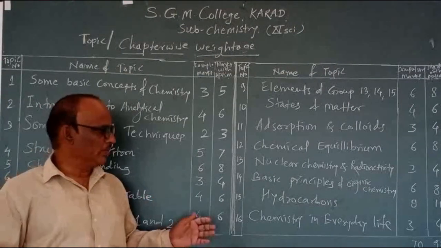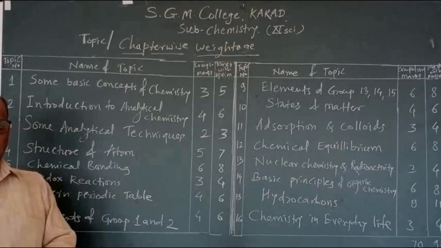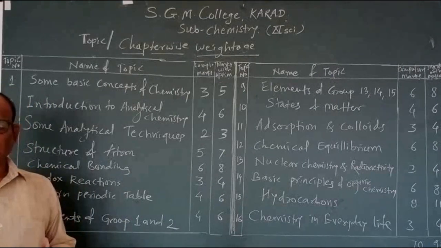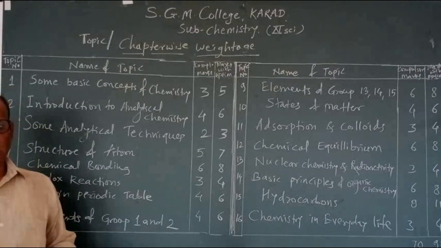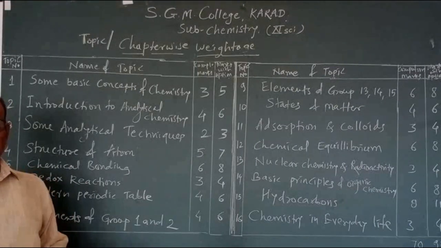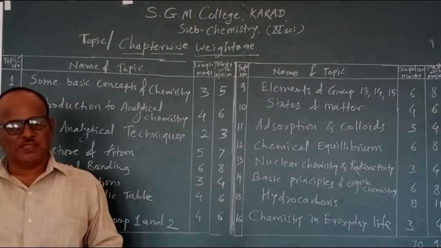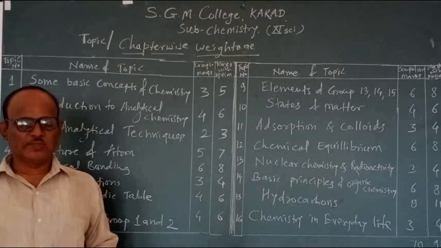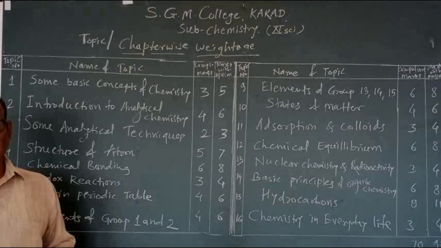In this topic we have to study the structural formula, then bond line formula, condensed formula, then Fischer projection formula, Wedge formula, Sawhorse formula, Newman's formula. And we already studied in 10th standard the IUPAC nomenclature, how to write the IUPAC names for organic compounds, then homologous series, functional groups.